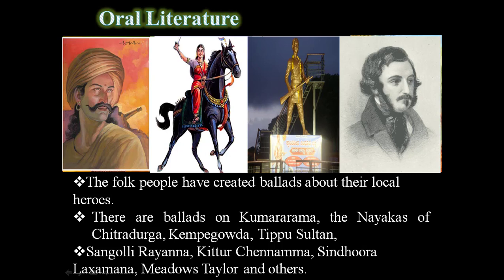In the same way, a ruler or king's achievements had to reach the entire kingdom, so some rulers intentionally kept people to create ballads in their name, so that common people could easily understand what the rulers did and how they administered. So ballads play a very important role.